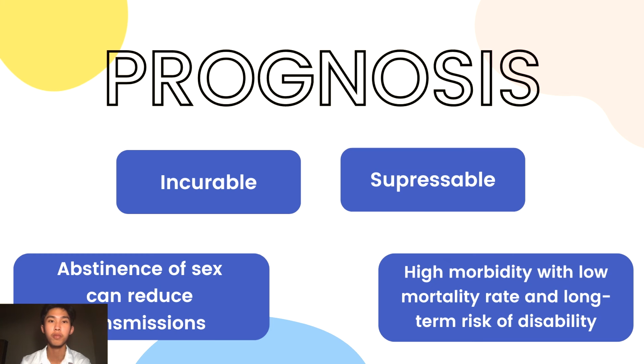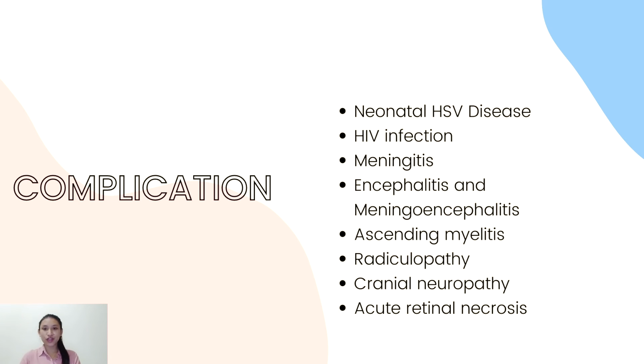Hello, my name is Dona Ulis Daruk, student number 165. There are some complications caused by herpes simplex virus type 2 infection or HSV2 infection, such as neonatal HSV disease, HIV infection, acute aseptic meningitis, encephalitis, meningoencephalitis, ascending myelitis, radiculopathy, cranial neuropathy, and acute retinal necrosis.